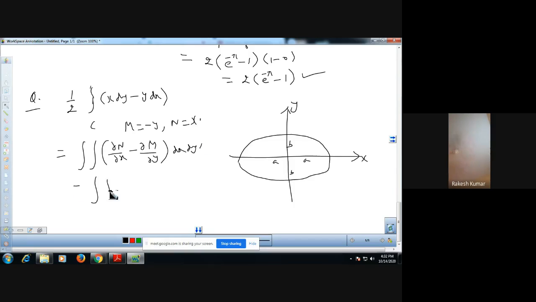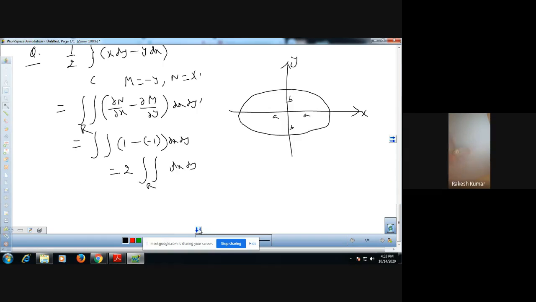We have to evaluate over R. The derivative of N with respect to x is 1, minus ∂M/∂y, that comes out to be −1, so ultimately it comes out to be 2. So you can take 2 common, dx dy over the region R.